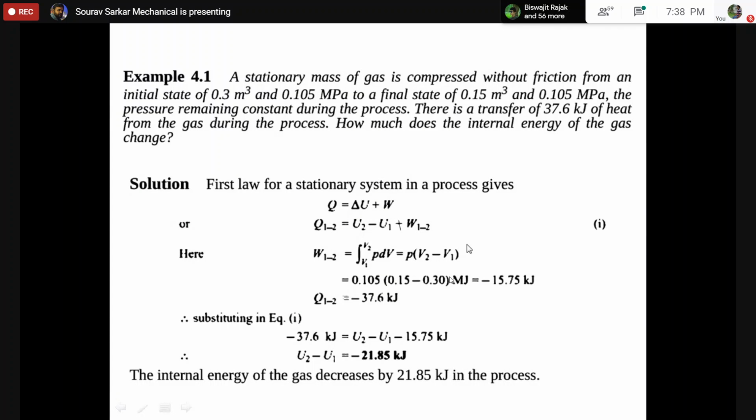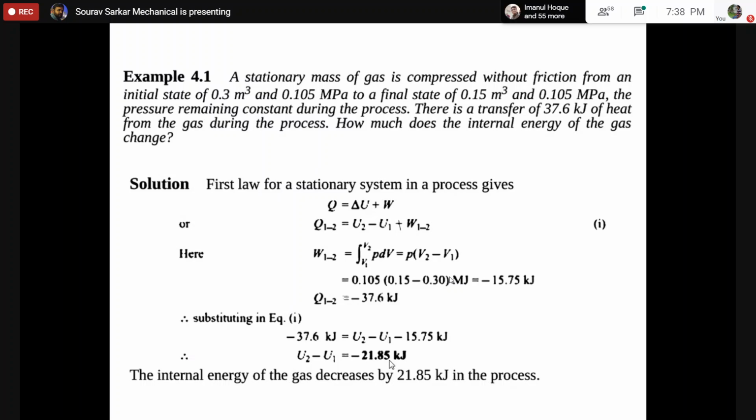The work done, which already came out negative, I will put with the direct sign, negative. And finally, I can find that E2 minus E1 also comes out negative, minus 21.85. What is the meaning of negative delta U? The meaning is that the internal energy decreases. Very good. So this is the conclusion.